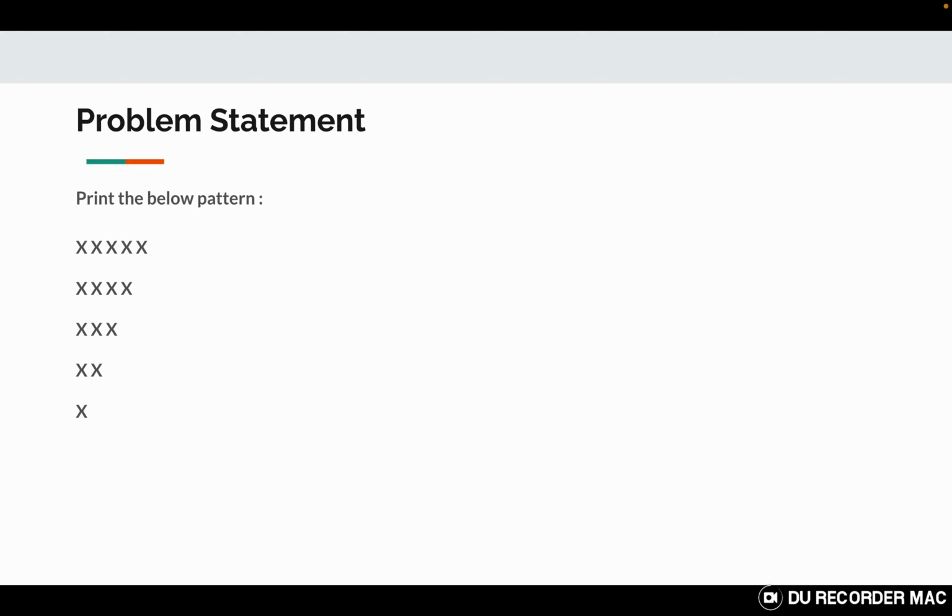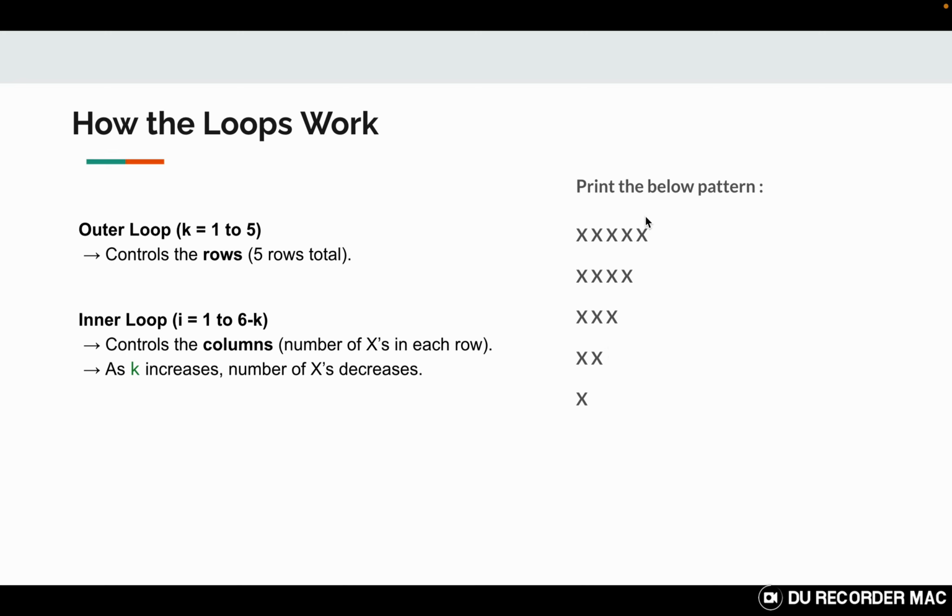If you look closely at this pattern, you can see that from top to bottom, it is coming lower and lower. So there would be two loops. One is called the outer loop, the other is called the inner loop. What does the outer loop do?